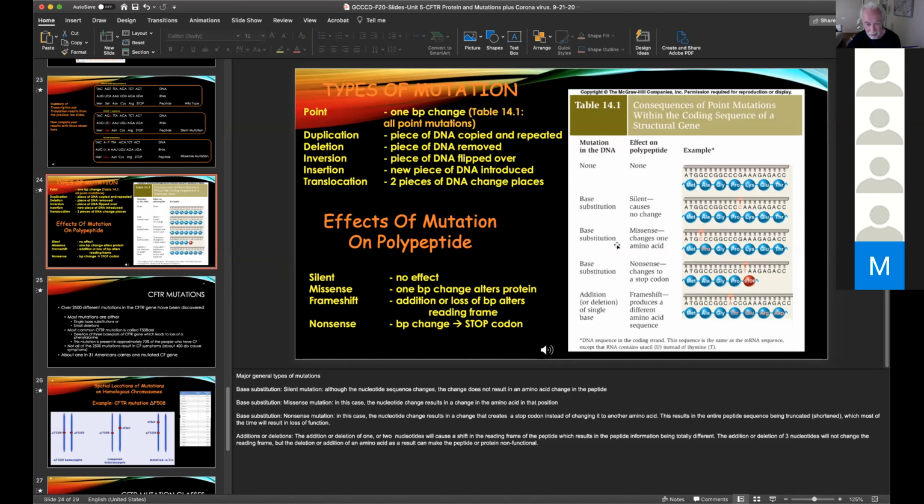A missense mutation is a change of 1 amino acid, and a nonsense mutation is the introduction of a stop codon, so the protein terminates prematurely. And then there is a frame shift where you get a completely different DNA sequence, which results in a completely different peptide sequence of amino acids.